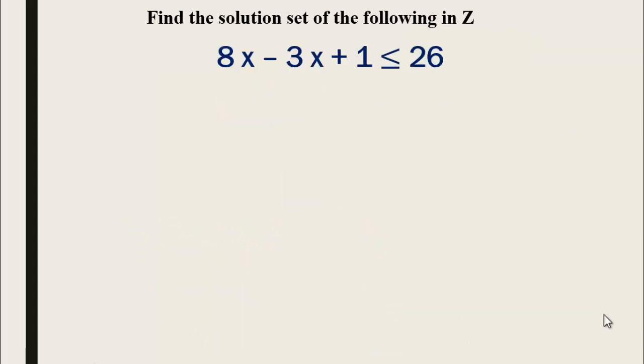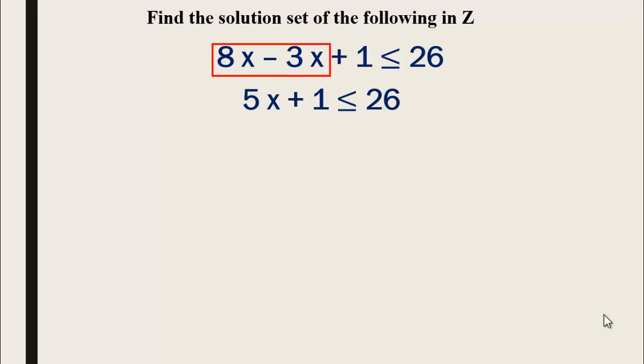Let's have a look at this inequality. 8x minus 3x plus 1 is less than or equal to 26. First of all, I must have the answer of 8x minus 3x. 8x minus 3x is 5x, plus 1 less than or equal to 26. Here, exactly as we used to do in the equation, I will have a two-step inequality.